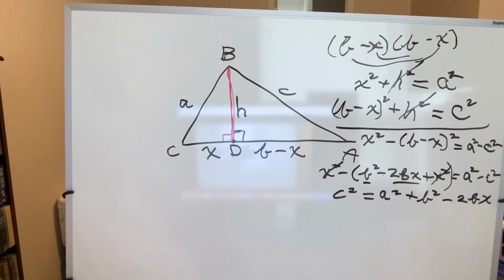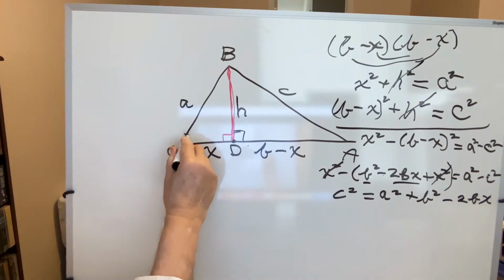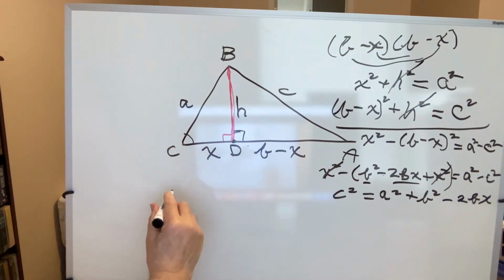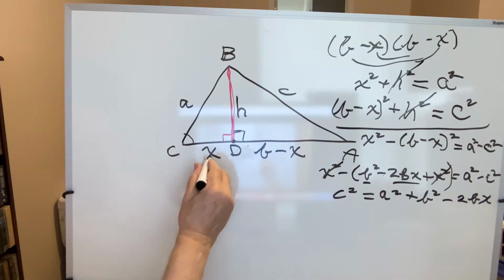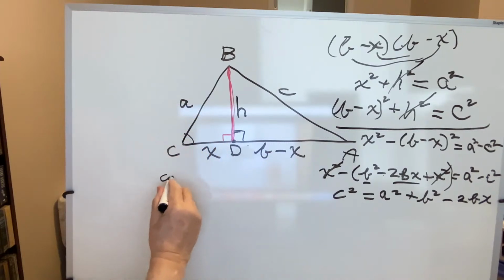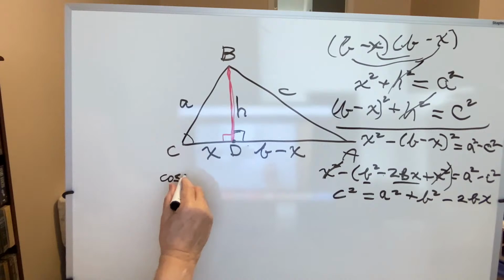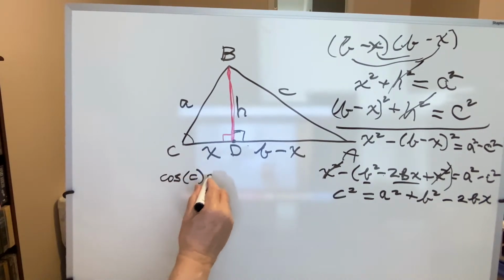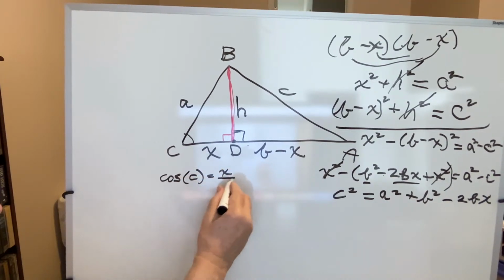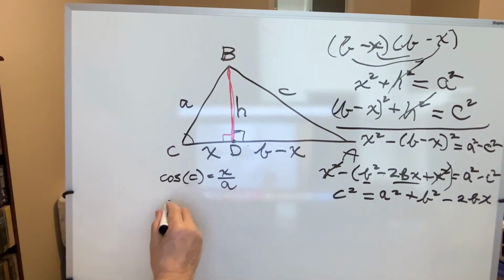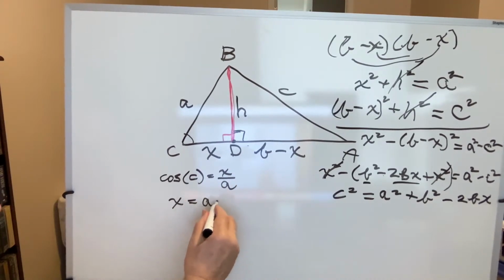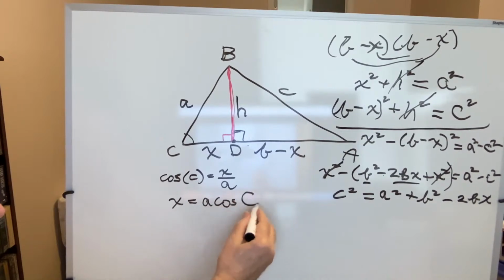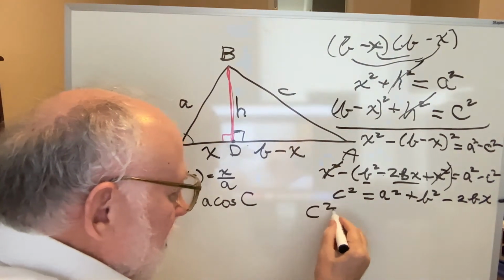But if we look back at the triangle, this angle C has a cosine, adjacent over hypotenuse. So now x is a cosine C. So we substitute that for x.